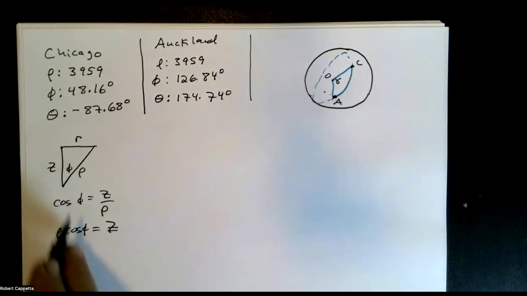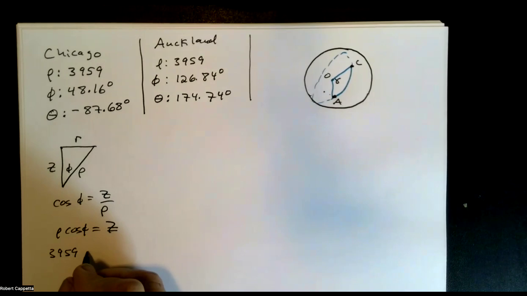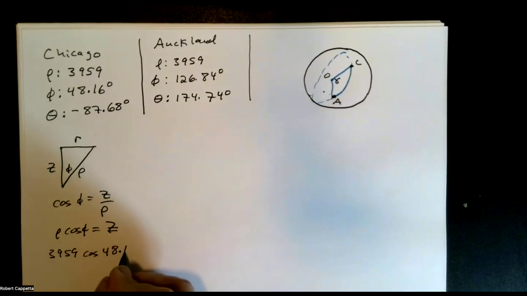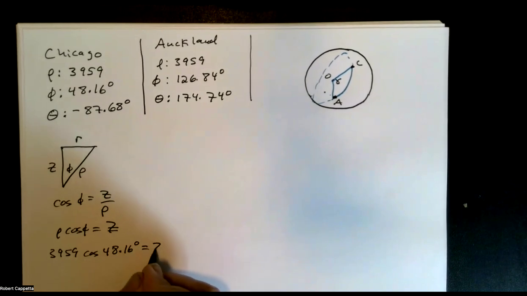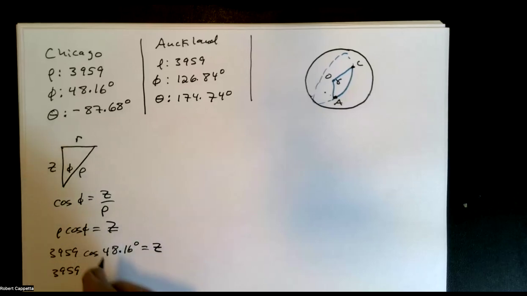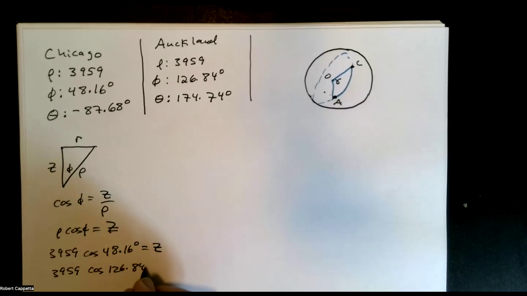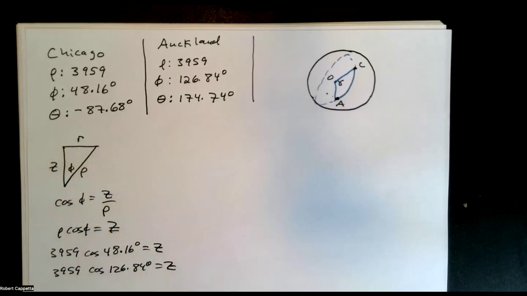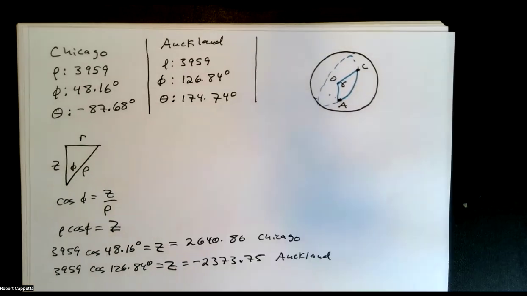In terms of Chicago, rho is 39.59, cosine phi, cosine of 48.16 degrees. That'll be the Z for Chicago. And in the case of Auckland, it'll be 39.59, cosine of 126.84 degrees, will equal Z.